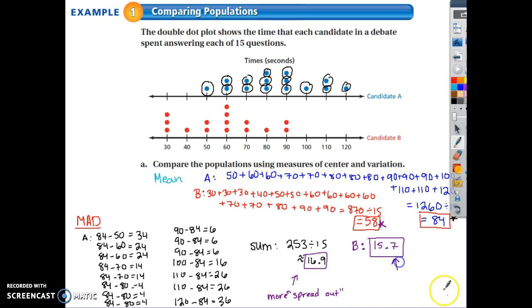Candidate B's responses, on the other hand, were slightly more similar, or closer together in value, because the MAD is slightly smaller. This is only to be done if your data sets are somewhat symmetrical. On the next slide, we're going to quickly discuss what to do if your data sets are not symmetrical.